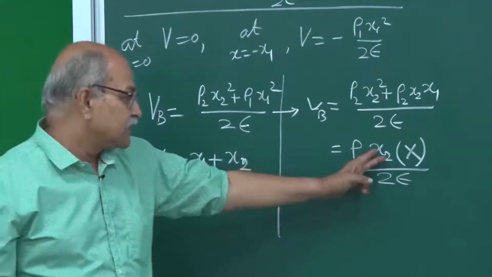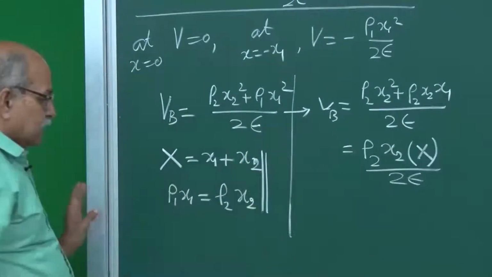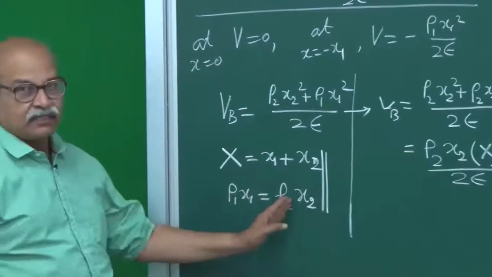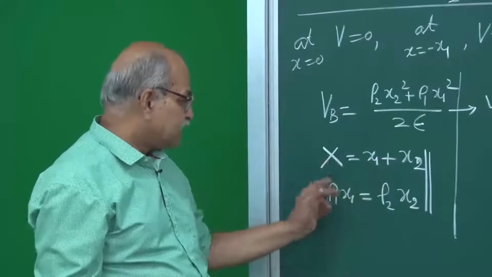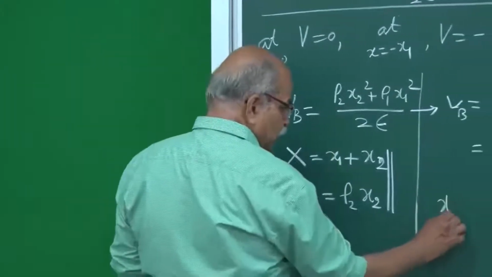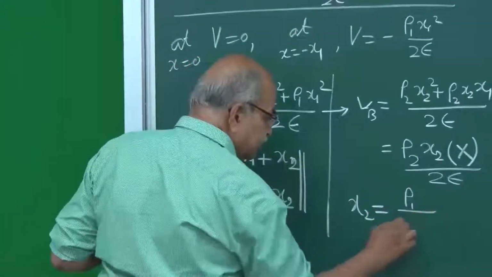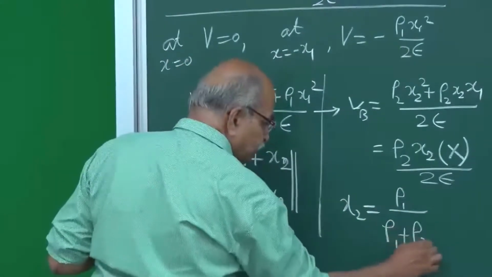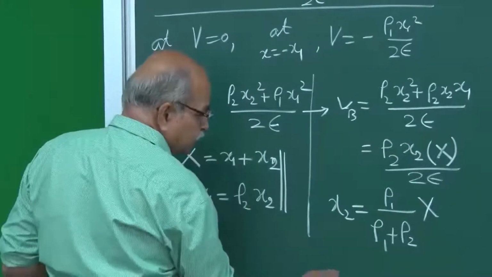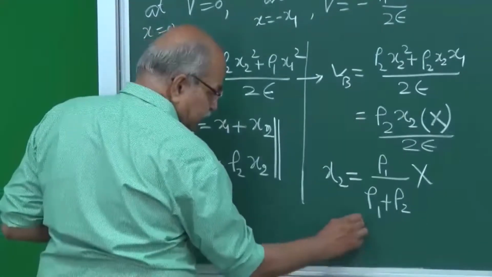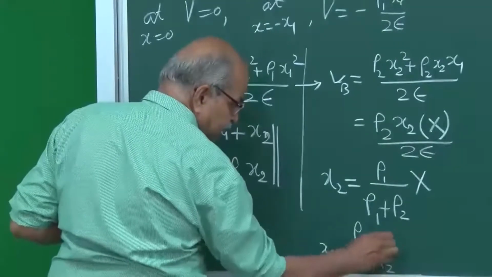Now you have to eliminate this x2, and that you can do from here. This x1 and x2 are in inverse ratio of rho 1 and rho 2, and the sum is capital X. So x2 will be rho 1 divided by rho 1 plus rho 2 times capital X. And x1, I don't need that, but x1 will be rho 2 divided by rho 1 plus rho 2 times capital X.